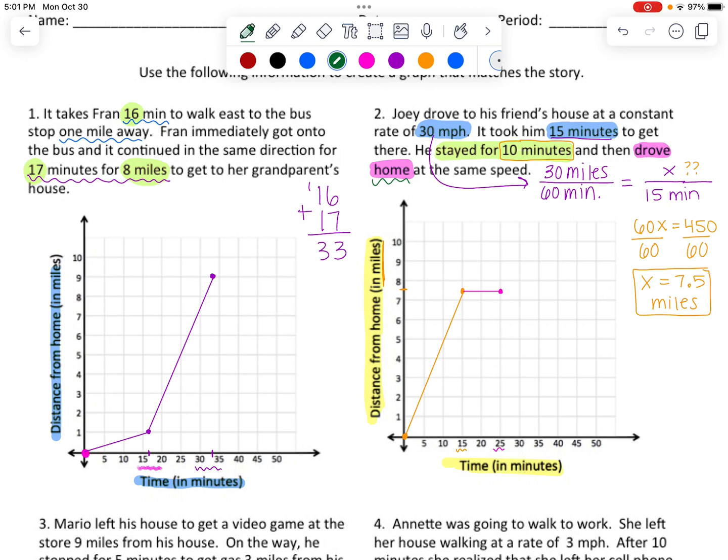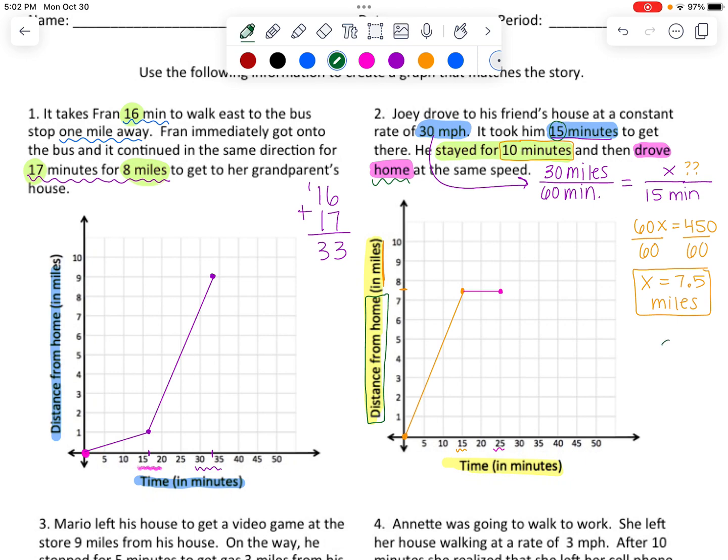Okay, the important thing you need to know when it says that he's driving home is looking at the label. This label is telling us distance from home. So if you look at my orange line segment, that's showing him traveling away from home because he's going to his friend's house. Now, if I'm traveling back home, I need to go down and go back to my axis. So that means it's going to take the same amount of time. Well, we already know it's taking 15 minutes.